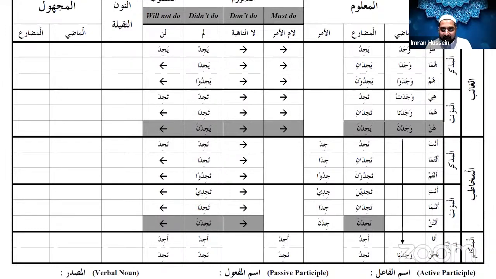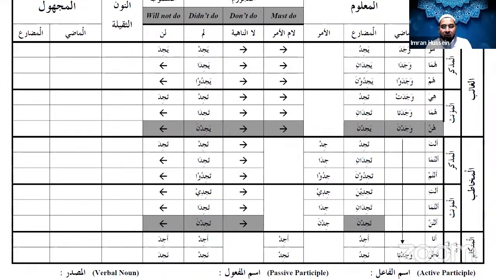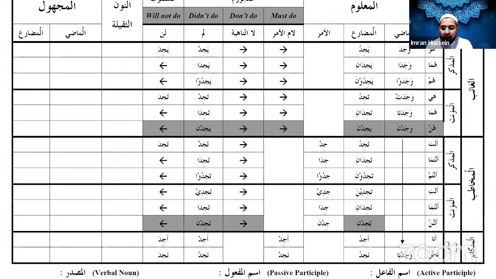Excellent. Is that clear? Now for daraba yadribu, what is the amr of daraba yadribu? Idrib. Exactly. Over here, the amr is not going to be ijid. Now we look at the present tense.